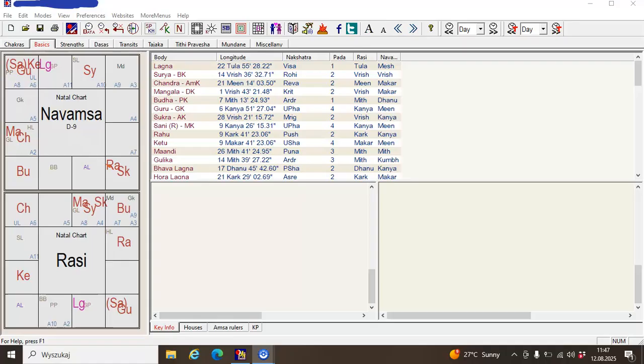Sixth point, important. When it comes to Antardasha and Pratyantardasha, we need to remember that Antardasha and Pratyantardasha begin from the Rashi itself, unlike in Charadasha, where the Antardasha of the Rashi or Mahadasha Lord comes last.